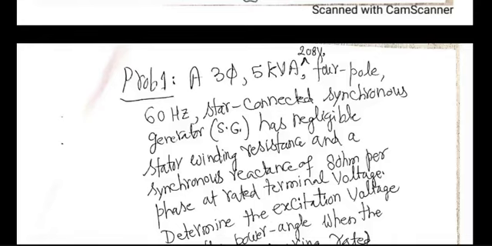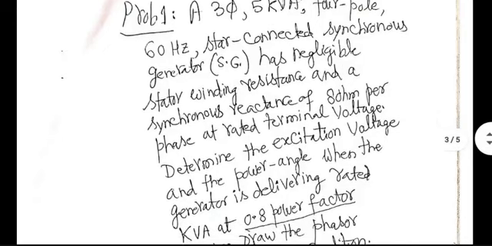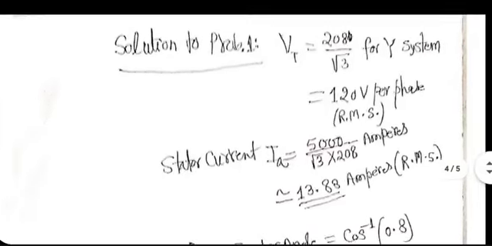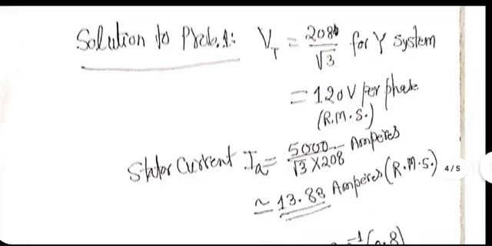So based on that, I have calculated IA as 5,000 divided by square root of 3 VLL. When we say kVA, that means cos phi is assumed to be 1. kVA means the maximum possible value of the power that you can get, assuming unity power factor.